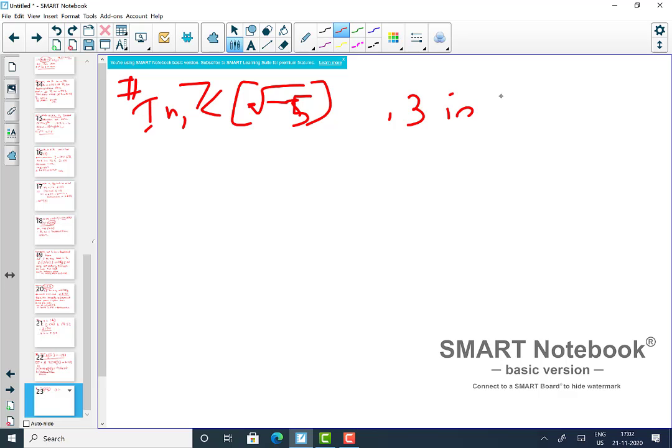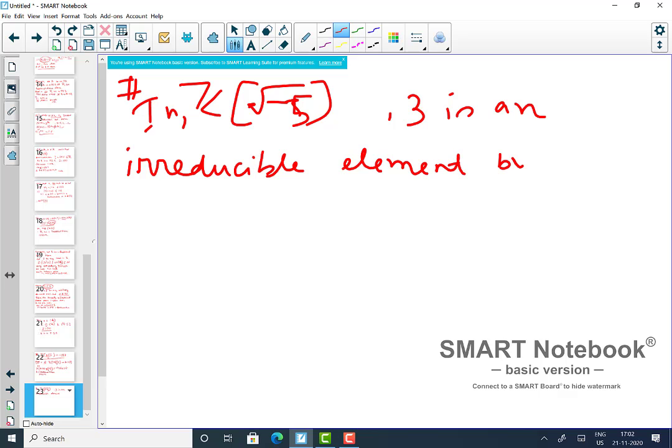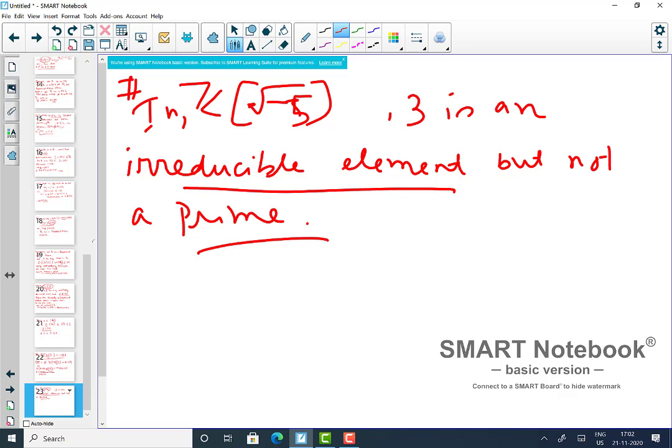We proved it, right? 3 is an irreducible element, but not a prime element, right? So this part we already proved. For the irreducible part, obviously there is a bigger proof, where you write down a product of two elements and do all those things. Or what you can do is just use that field theoretic norm, which comes from the field of fractions.